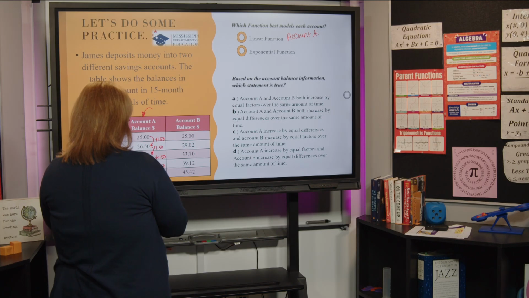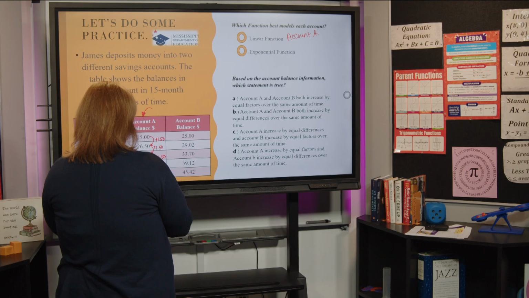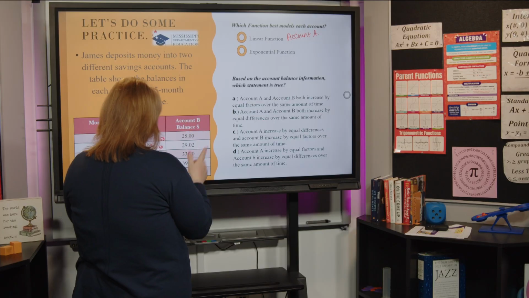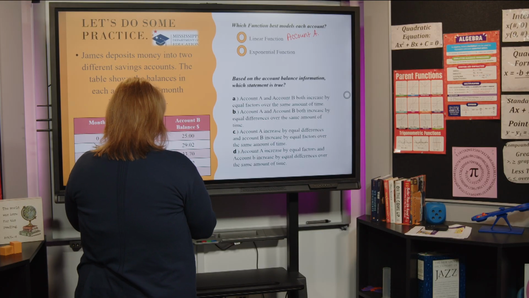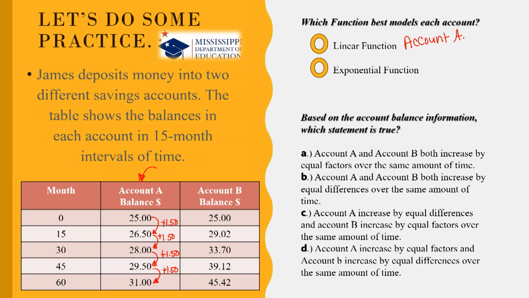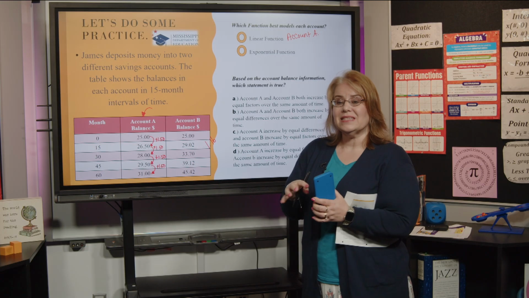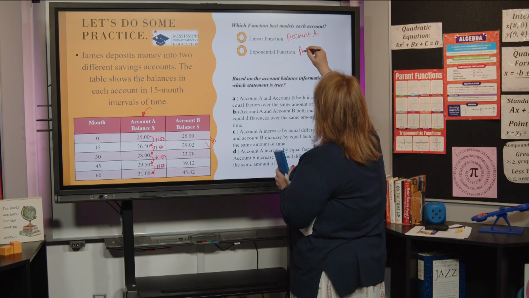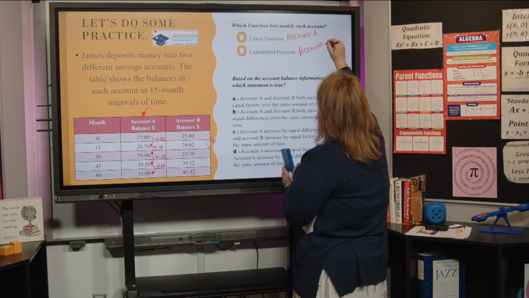So then let's try 39.12 and divide it by 33.70. I get 1.16, and let's just double check 45.42 divided by 39.12. So I am changing by 1.16. Obviously that is my exponential. So I'm going to put account B.